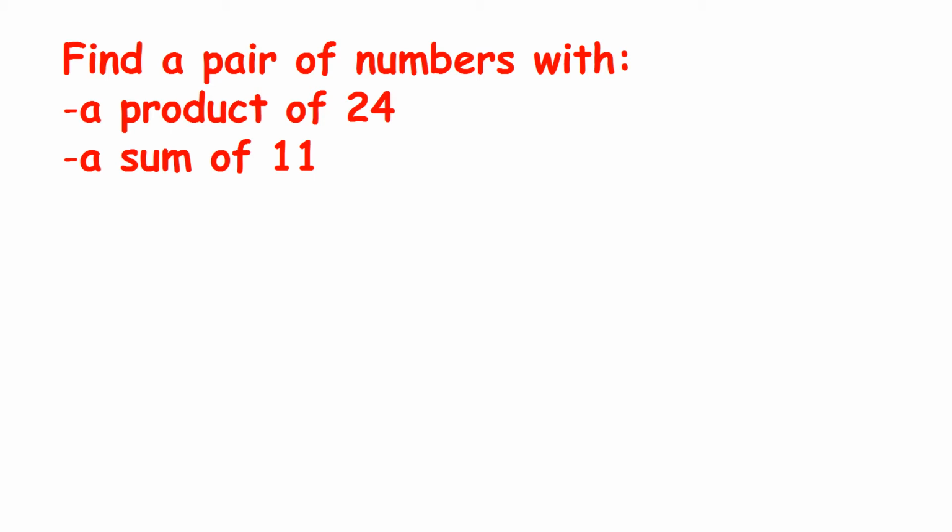Now pause the video and see if you can find a pair of numbers with a product of 24 and a sum of 11. If two numbers have a product of 24, that means when you multiply them together, you get 24.